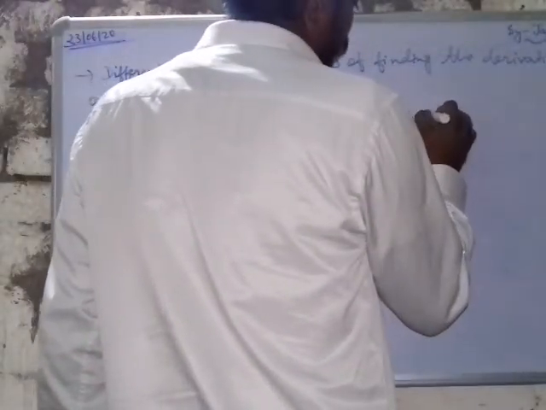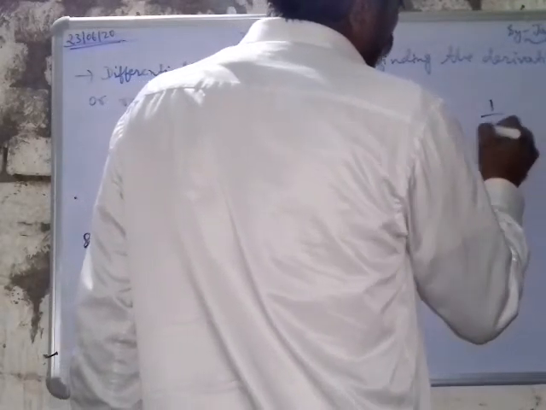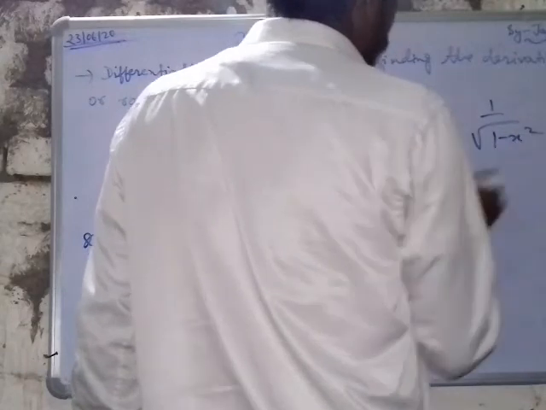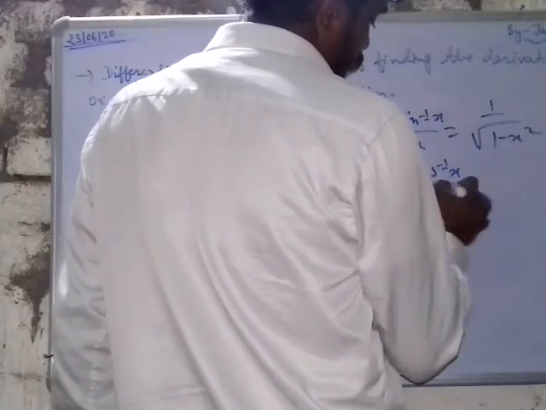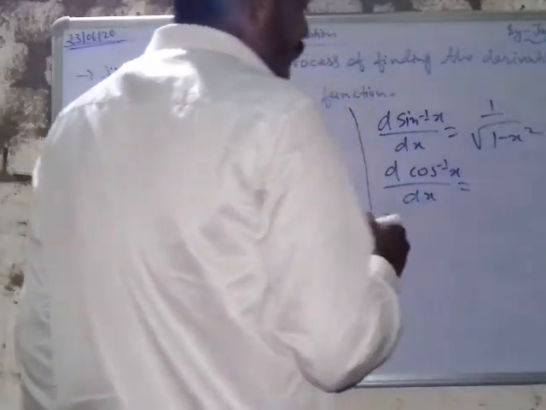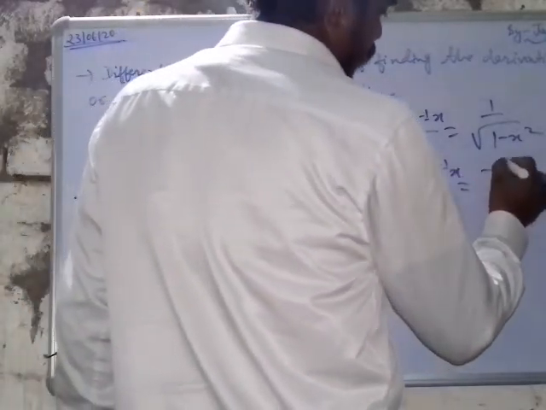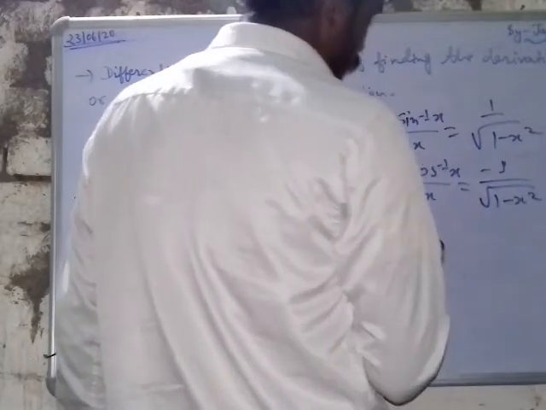Differentiation of sin inverse x equals to 1 by root under 1 minus x square. Differentiation of cos inverse x equals to minus 1 by root under 1 minus x square.